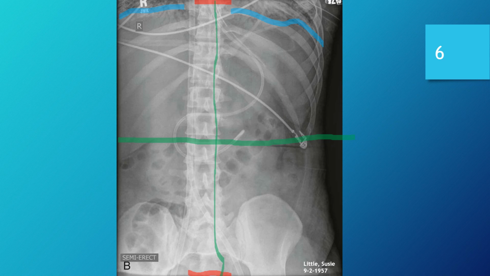The diaphragm's not included in its entirety, and then of course for a supine image, the inferior aspect of the bladder is not present.